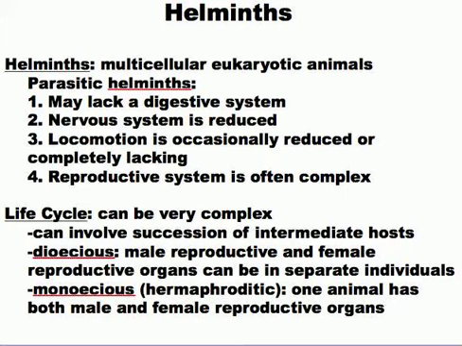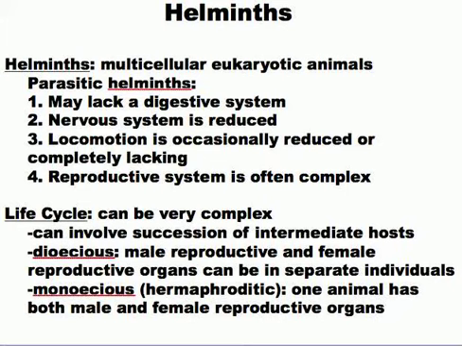There are non-parasitic or free-living worms too, but they are distinguished from the parasitic ones in four main ways. Parasitic worms may lack a digestive system. They don't need one because they usually just absorb their food, which is already digested, from their host.